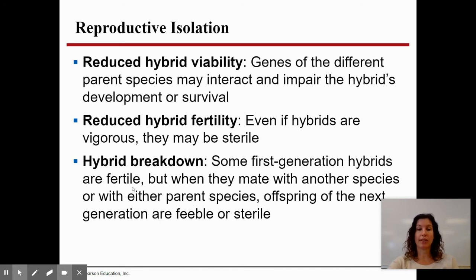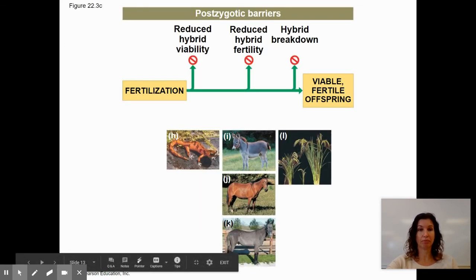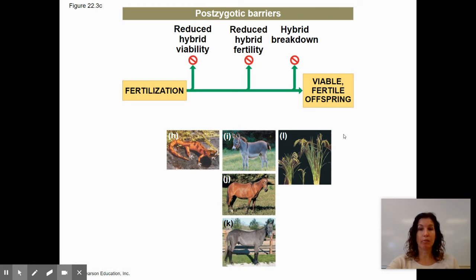So even if they can create offspring, their offspring are probably going to be sterile or not really viable, not really strong. So those are the 3 post-zygotic barriers.